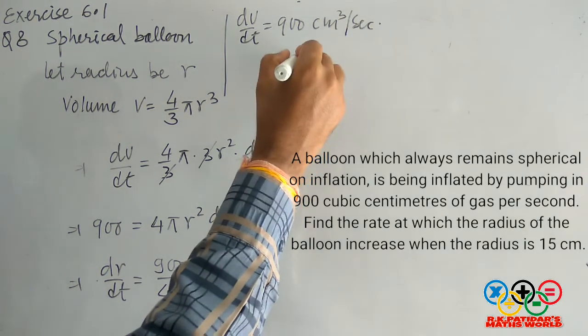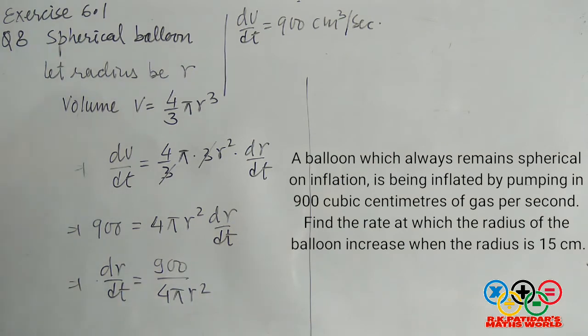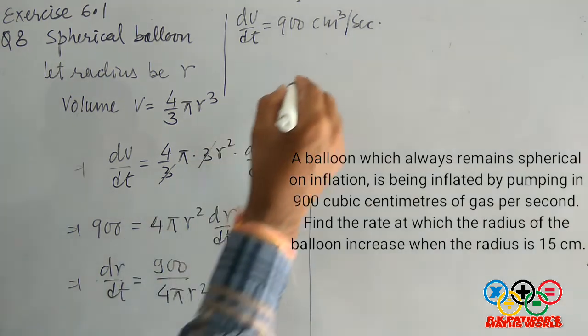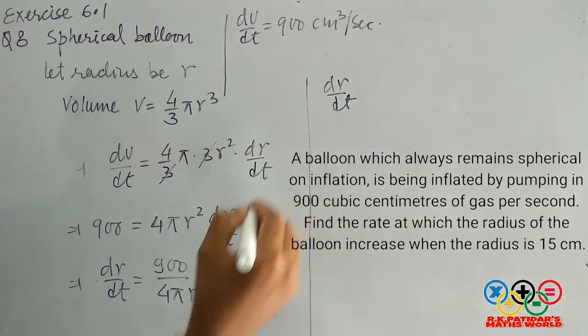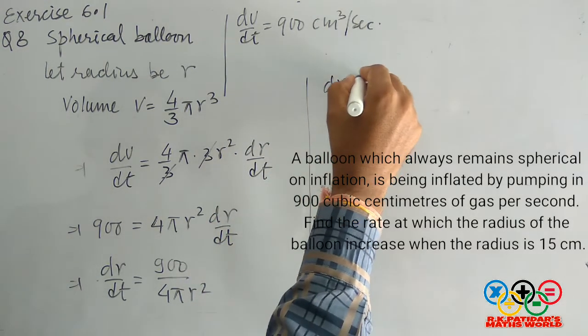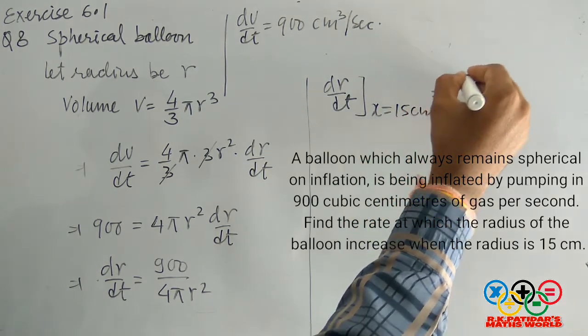Now we have to find out rate of change of its radius when the radius of balloon is 15 centimeter. So we have to find out dr/dt when r is equal to 15 centimeter.